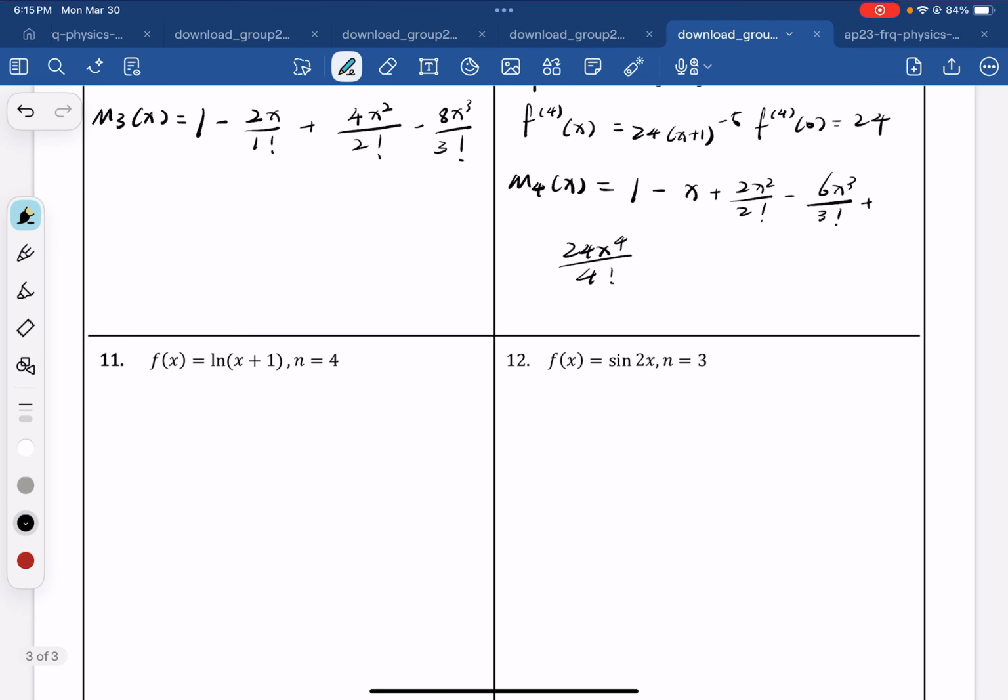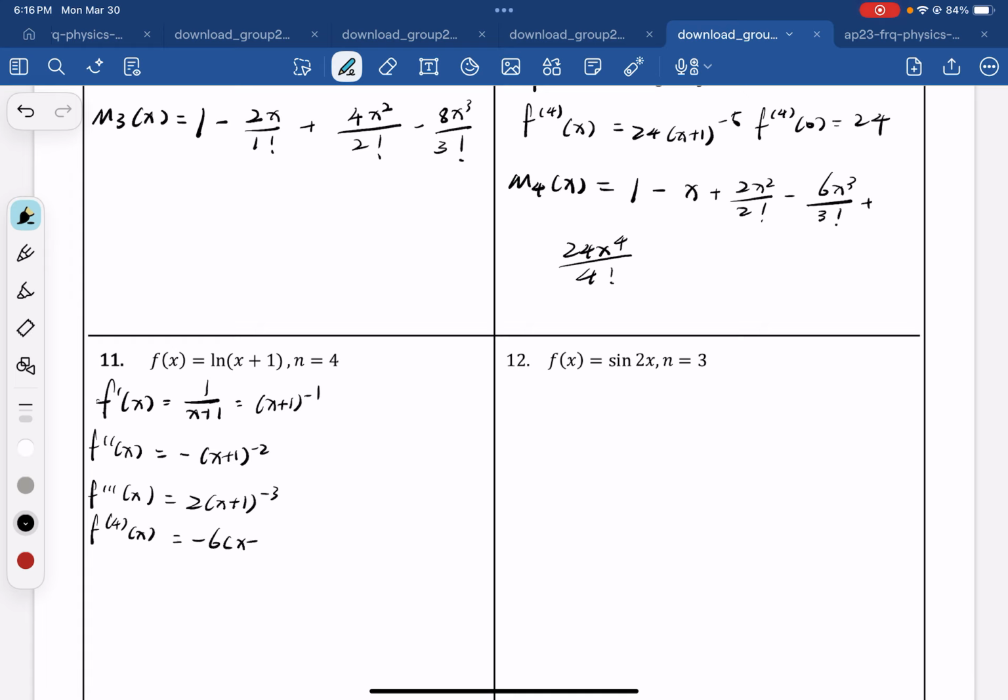So f prime of x goes to 1 over x plus 1, so it equals (x plus 1) raised to the power of negative 1. f double prime of x goes to negative (x plus 1) raised to the power of negative 2. f third prime of x goes to 2 times (x plus 1) raised to the power of negative 3, and f fourth prime of x equals negative 6 times (x plus 1) raised to the power of negative 4. And f of 0 equals 0.